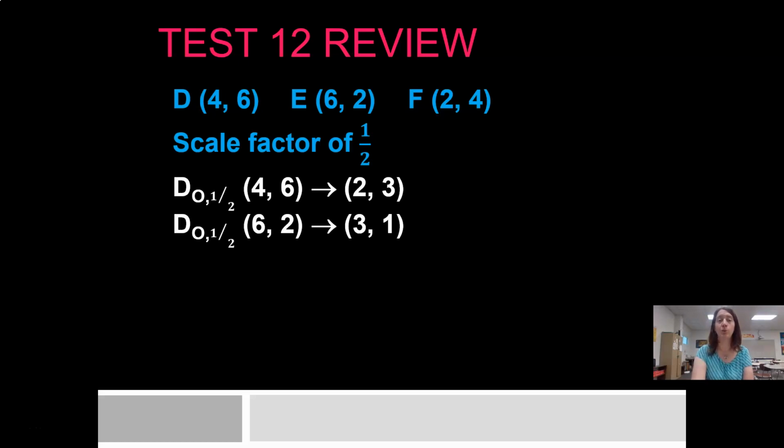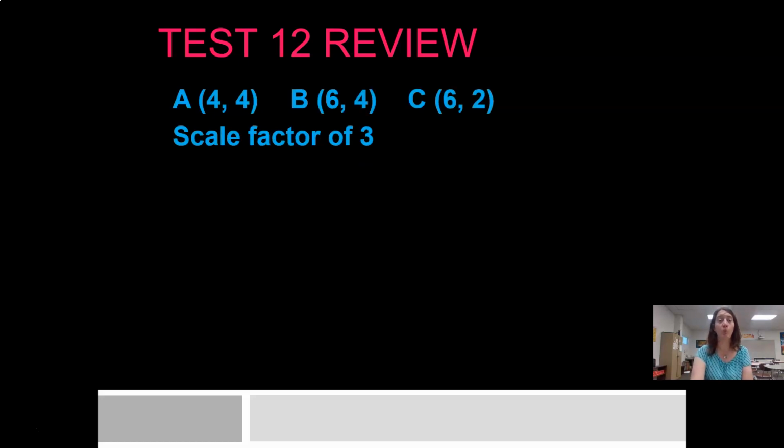Half of 6 was 3, and half of 2 is 1, and we'll do the same thing for the last point. The dilation centered at the origin with the scale factor 1/2 and the point 2, 4. Half of 2 is 1 and half of 4 is 2. Your final answer would be those 3 ordered pairs that you would have on the right-hand side after you correctly apply the dilation. You'll have 2 questions like this, so here's what the other one would look like.